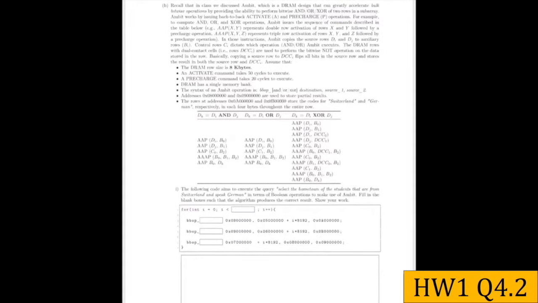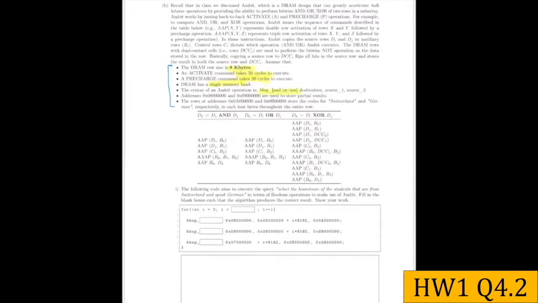And here are some assumptions about the memory device that is going to be used to execute Ambit operations. The DRAM row size is 8 kilobytes. The activate command takes 50 cycles to execute. A precharge command takes 20 cycles to execute. The DRAM has a single bank. The syntax of an Ambit operation is BBOP, and then you can decide if it's an AND or XOR operation.